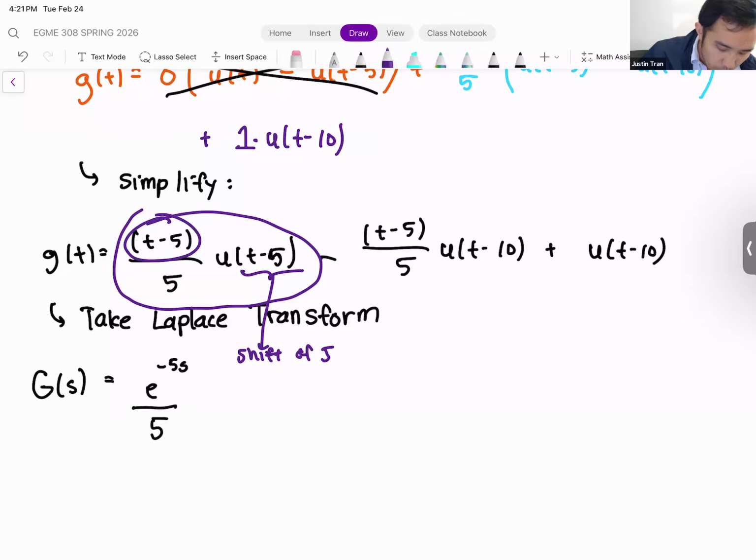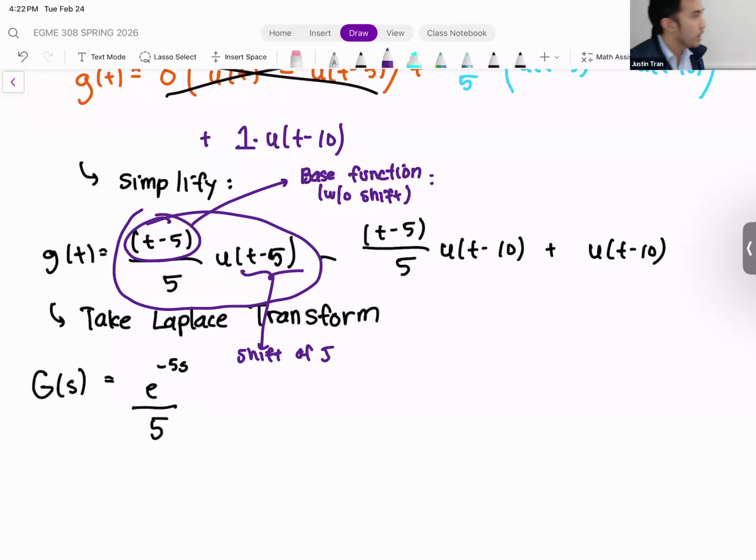And then remember the way that we apply our shifting is that, once we have multiplied by the exponential, we can then take the Laplace transform of what I call the base function. If we look at t minus 5, the base function without the shift, we basically just undo that t minus 5.